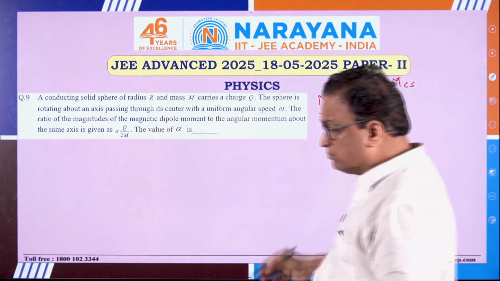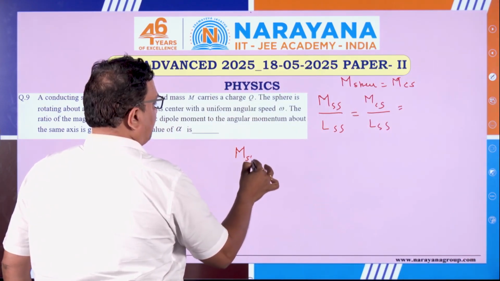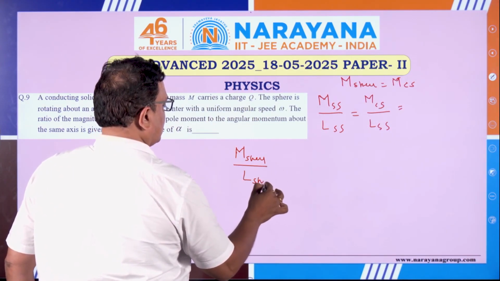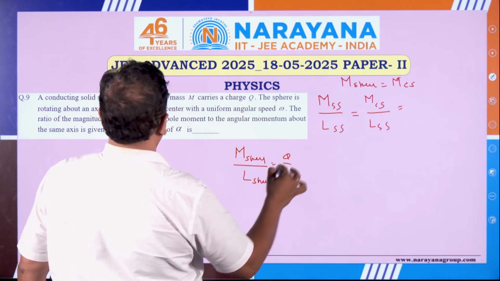Remember, I know the M of shell part. M shell part by L shell part is comfortably q by 2m. Undoubtedly, there is no mistake in this.